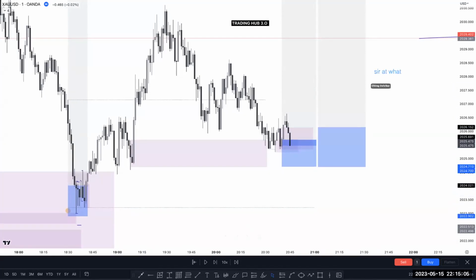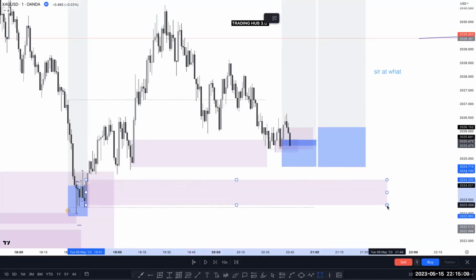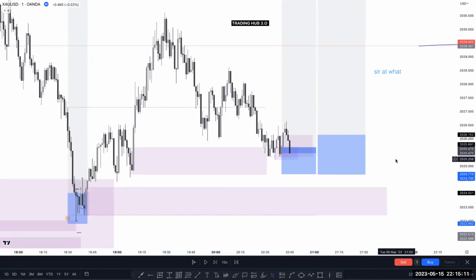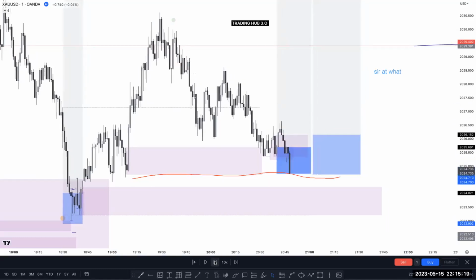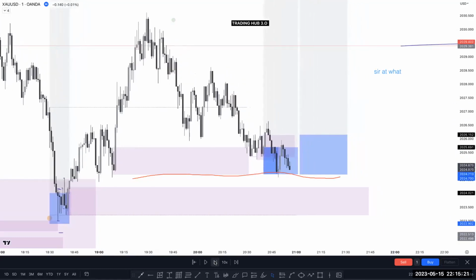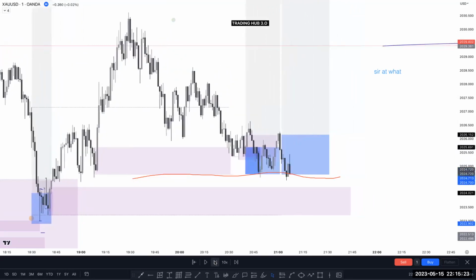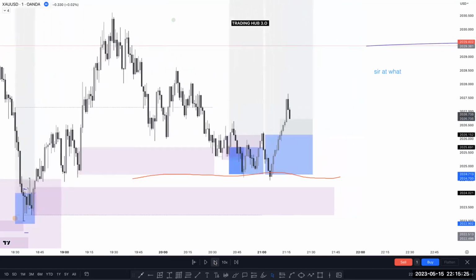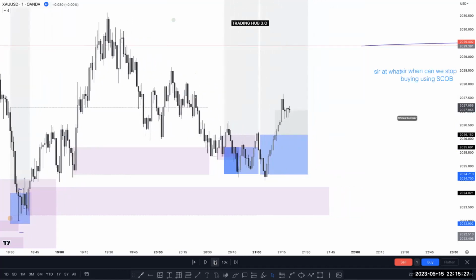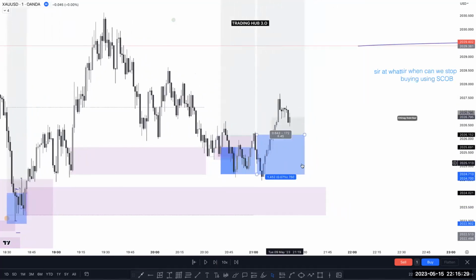Because the extreme is just below it. This one, right? And we are playing on decisional, right? Okay. Stop loss hit. And this is our valid loss here.